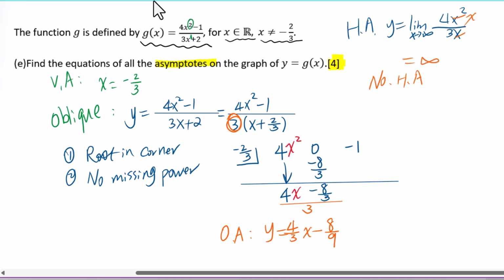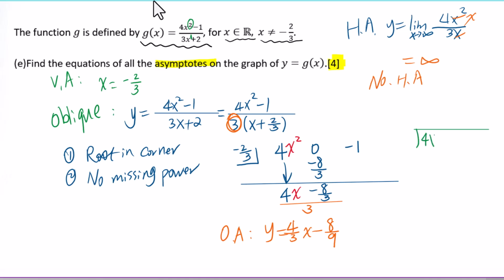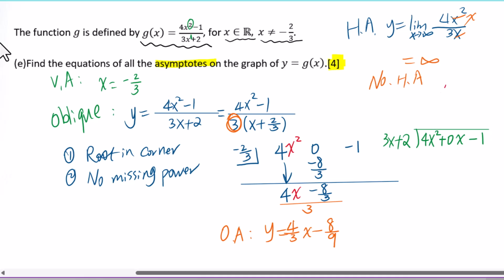We can use long division to work out this oblique asymptote line. 4x squared plus 0x minus 1 divided by 3x plus 2. First step, leading term divide. 4x squared over 3x equals 4 over 3x.